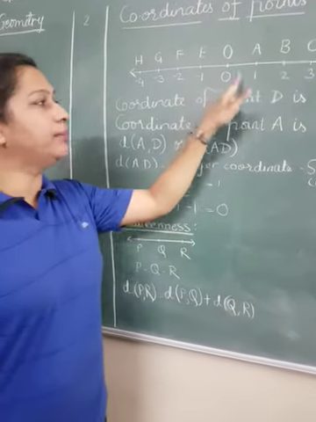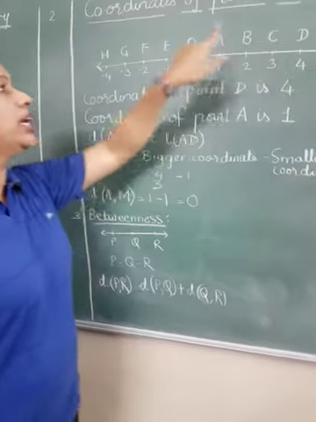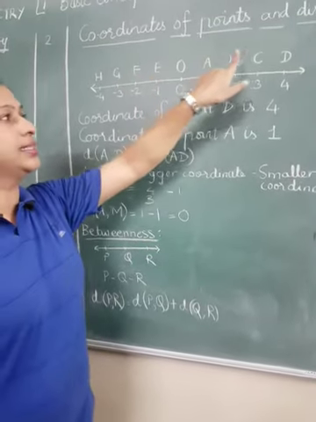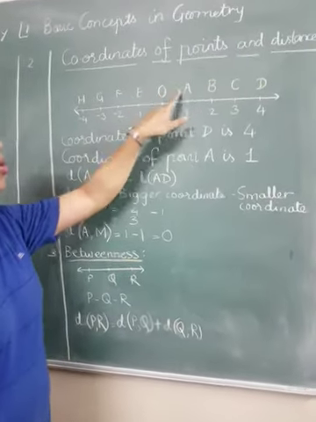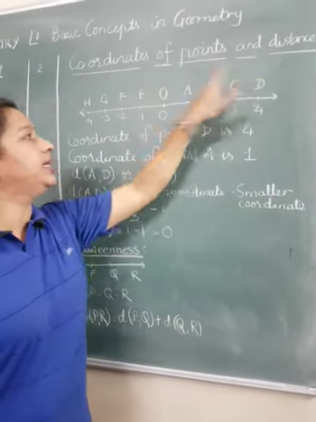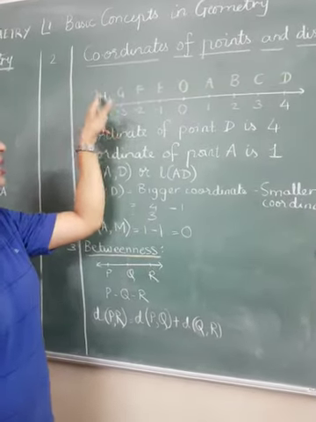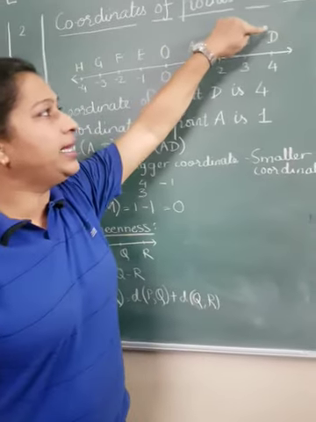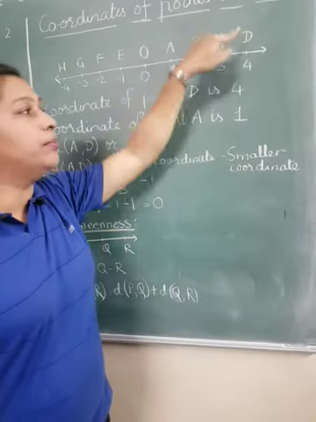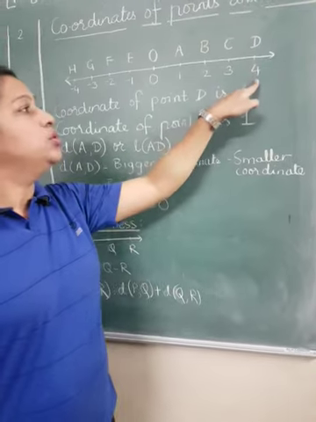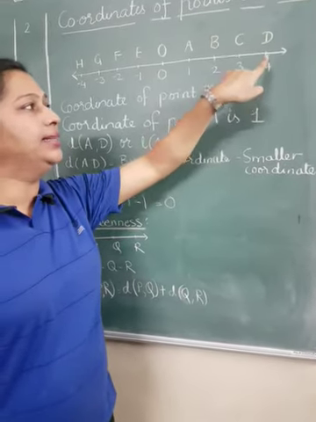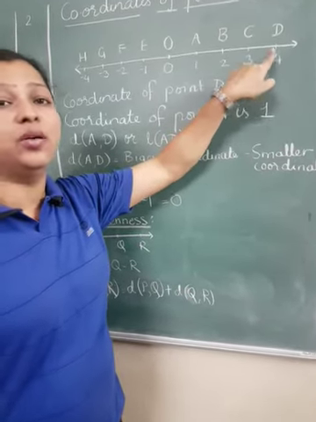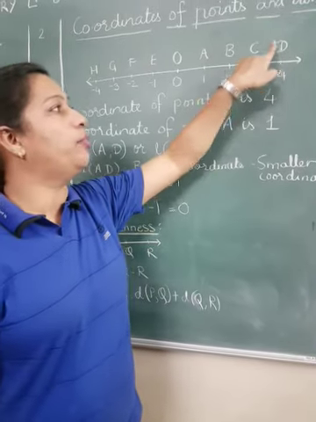Now these numbers have been denoted with the letters as written above. This is O, A, B, C, D, E, F, G, H. Now, point D denotes the number 4. So, we can say that 4 is the coordinate of point D.